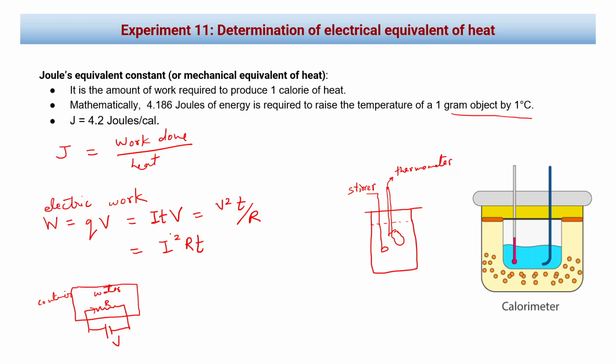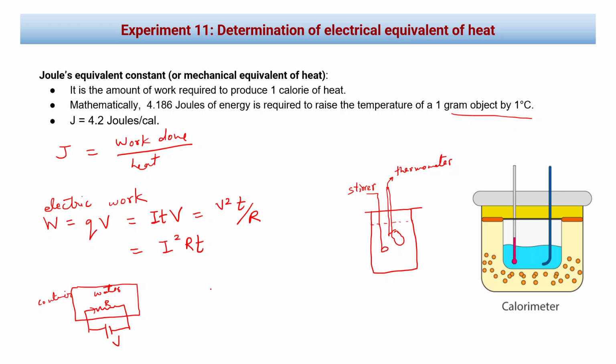As we talked about heat capacity, as we had discussed, specific heat capacity is the amount of heat required to raise the temperature of 1 gram of an object by 1 degree centigrade.